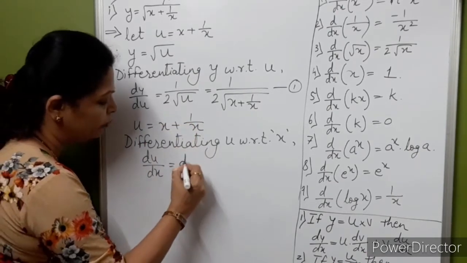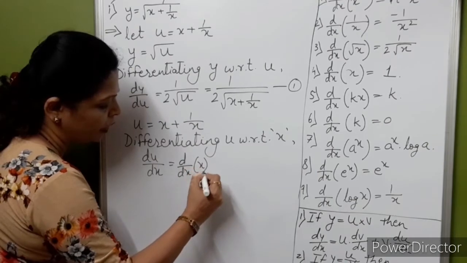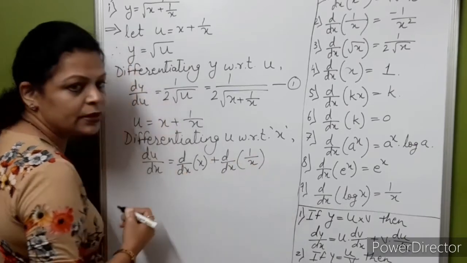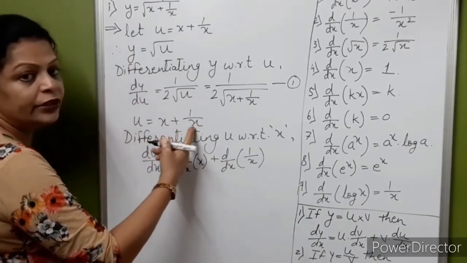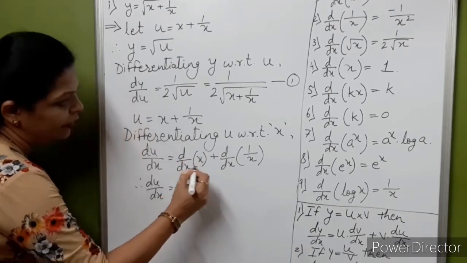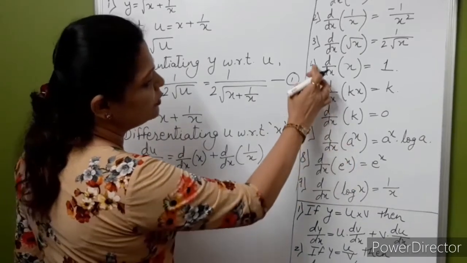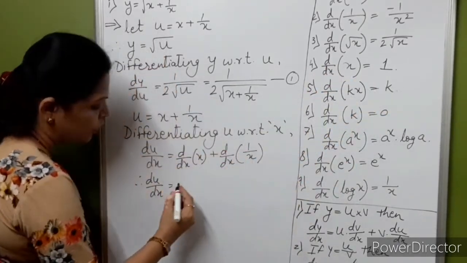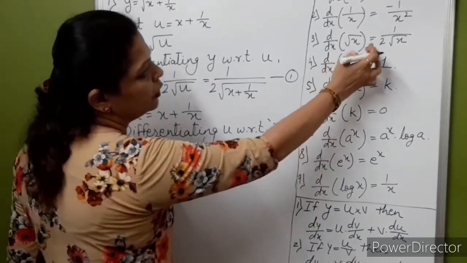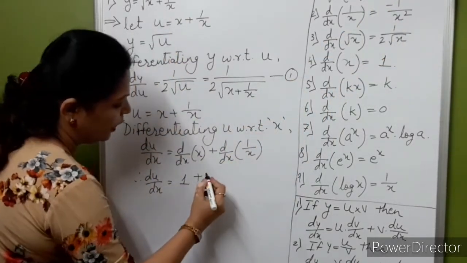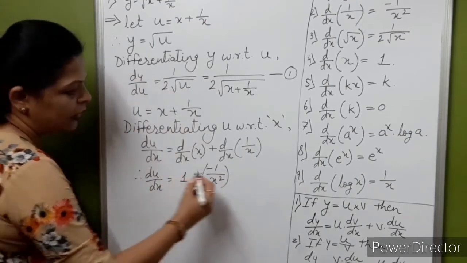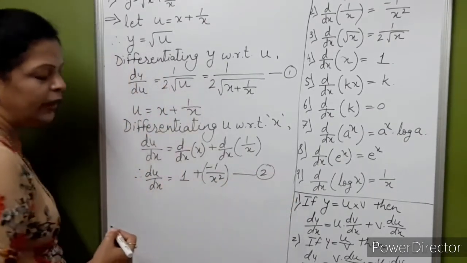That means you will get here d dx of x plus d dx of 1 upon x. Correct? You have to differentiate each term. So, you get du by dx. The derivative of x is, fourth formula, d dx of x is 1. So, here you get 1 plus the derivative of 1 upon x, which is minus 1 upon x square. Okay? This is your du by dx.